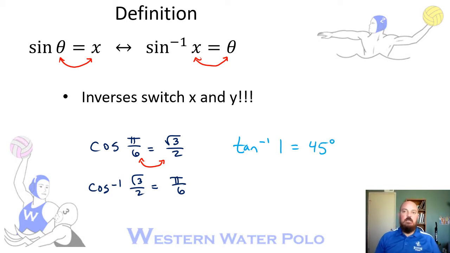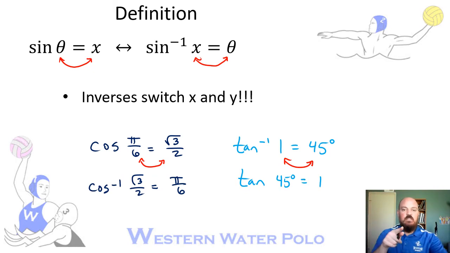I'll use degrees this time. I could change that into a regular tangent by just switching those two numbers, and you would end up with tangent of 45 degrees equals 1, which if you check on the unit circle is another true statement. So basically that's an equation way of thinking about inverses. If you have a regular or an inverse trig function and you want the other thing, just switch the two numbers in the problem and it'll change from one to the other.